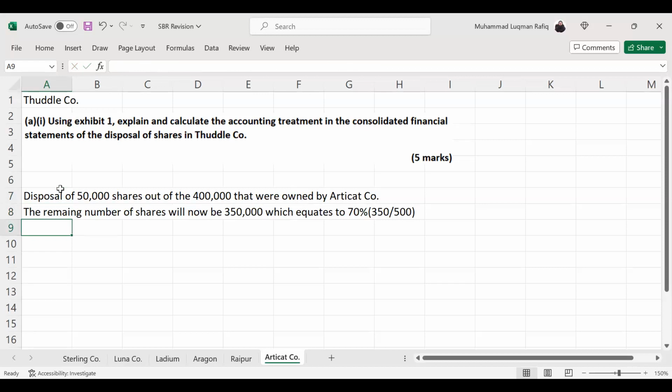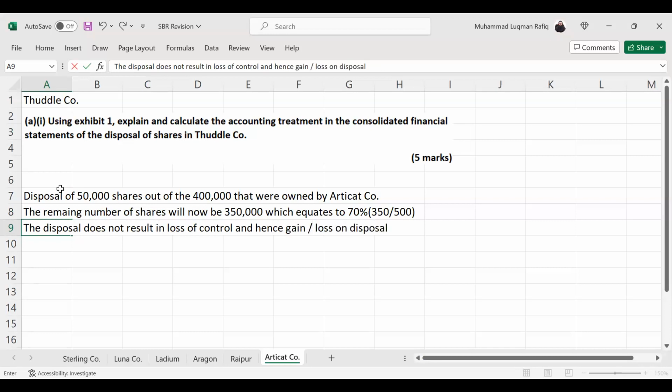Now, the disposal does not result in loss of control, and hence the gain or loss on disposal shall be recognized within, sorry, not OCI, within equity.